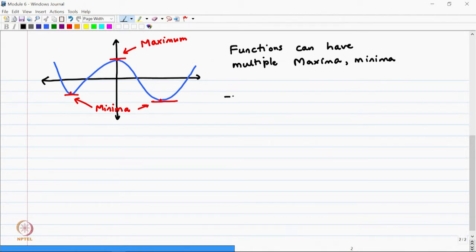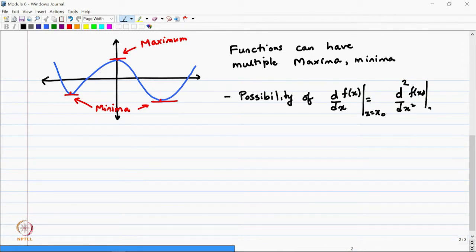There is a possibility that d by dx of f of x at x equal to x 0 is equal to d square by dx square of f of x at x equal to x 0 equal to 0.